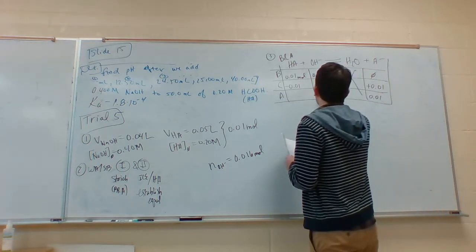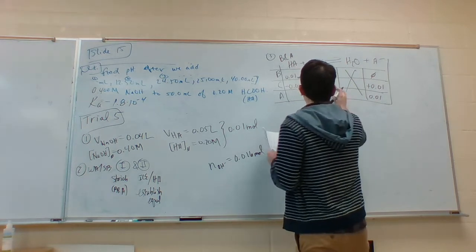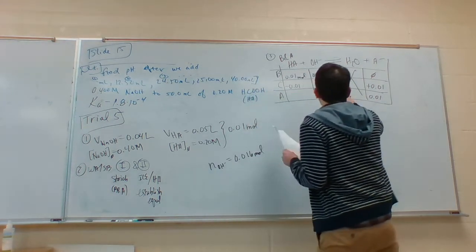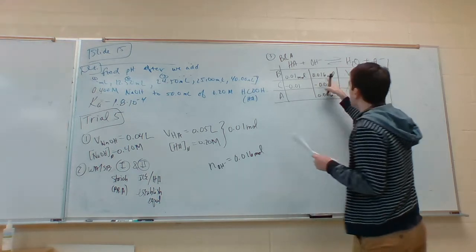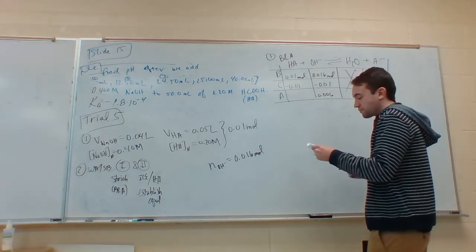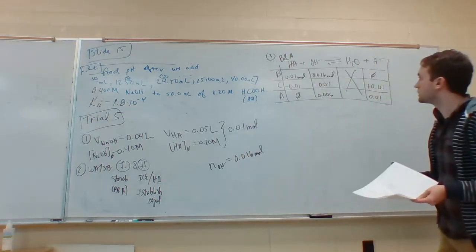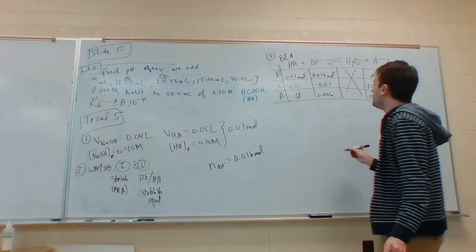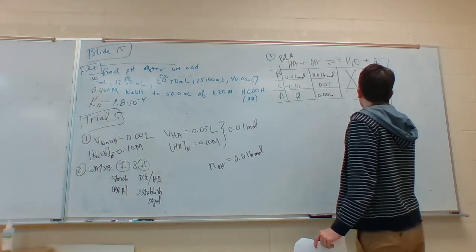Here we have 0.015. And actually, sorry, that was wrong. We have 0.006, right? Because I can't add. All right, and now we have 0 here. Now, notice that we have a weak base, right?